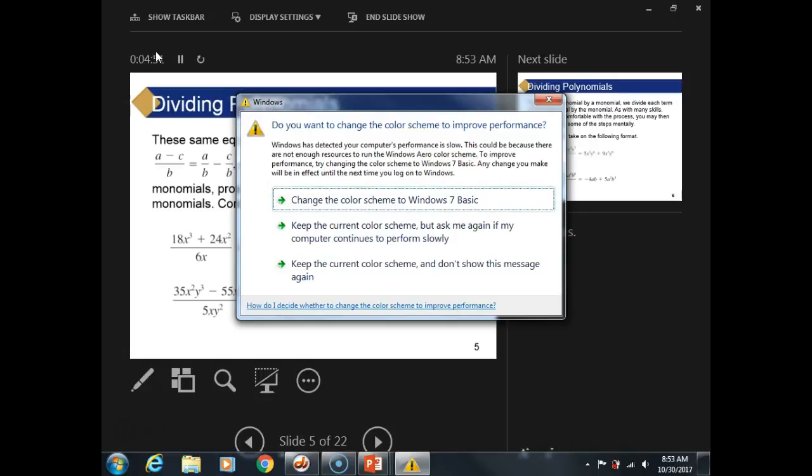So, if you have a form like this, what we do is put the first term over the denominator plus the second term over the denominator, just like we did up here. In the first one, what does that give you?